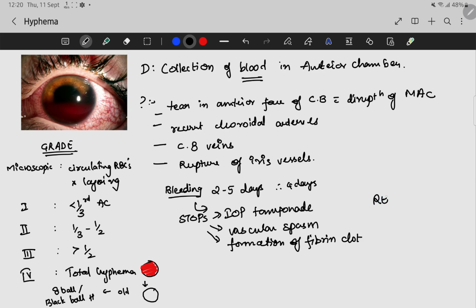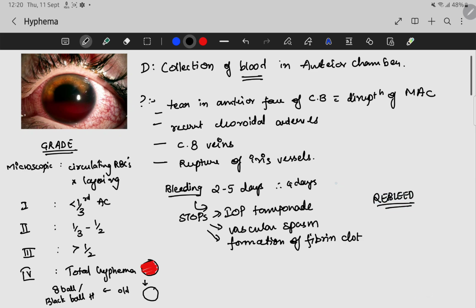So rebleed can occur within 2 to 5 days. So this occurs due to fibrinolysis, reduction of IOP, and clot retraction.